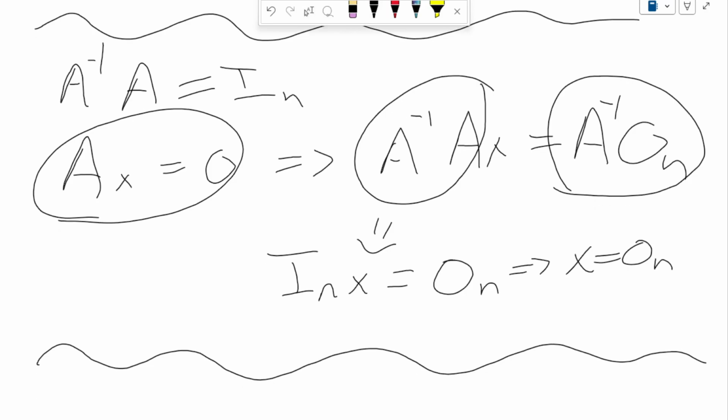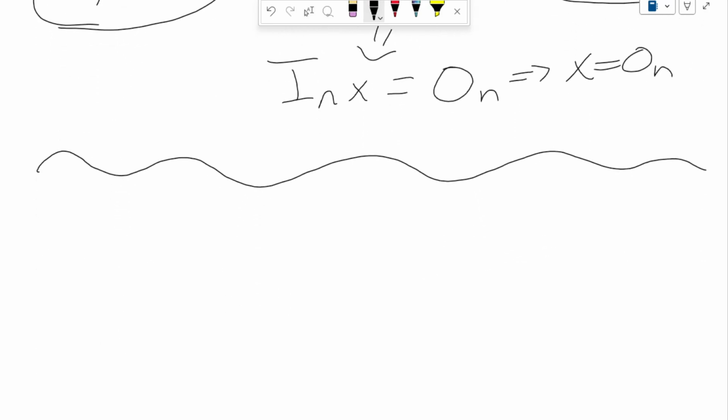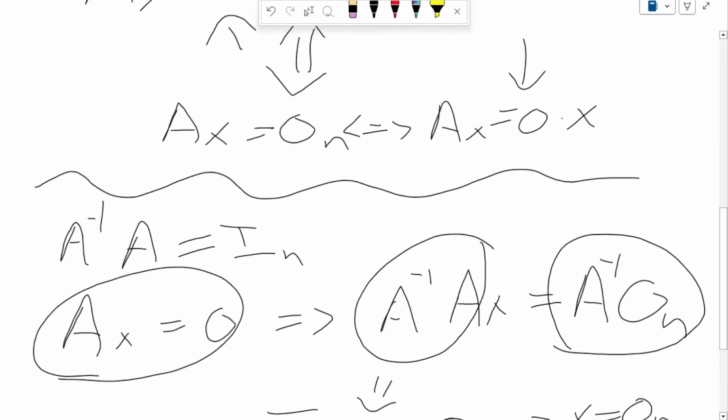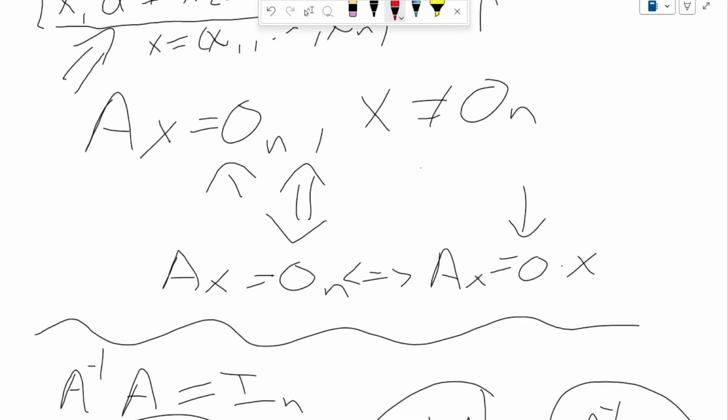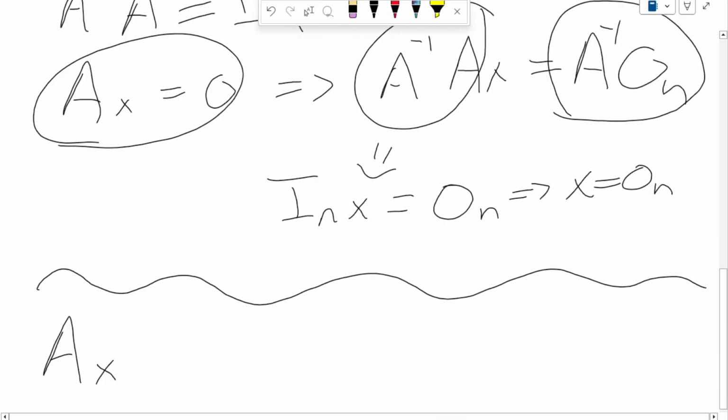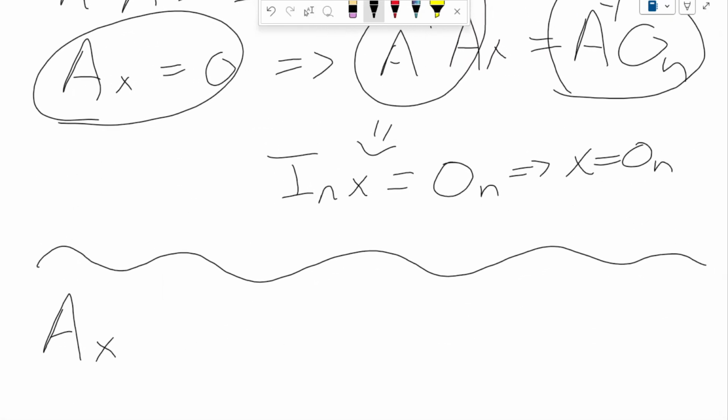Well then, if we return to our x up here, which I'm going to write in red now to distinguish it from the variable x we were using in this discussion, if we have Ax equals 0, this must mean that A is not invertible.